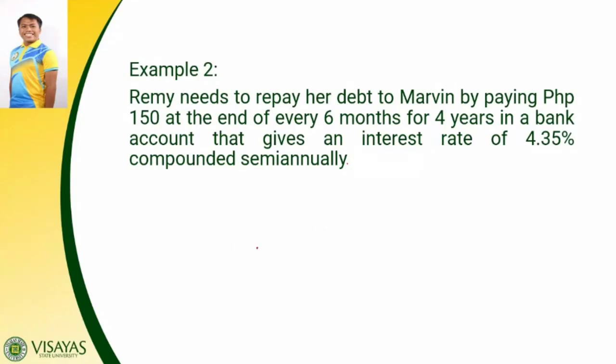as the interest period. So let us make a timeline. We start at 0, and this goes to 4, because it is 4 years. So this is our timeline for the periodic payment.